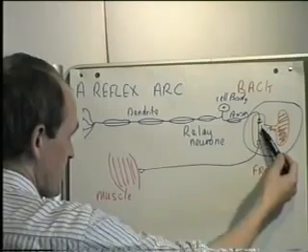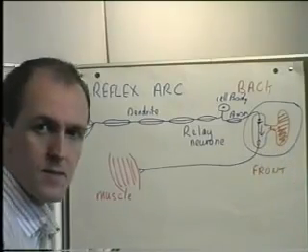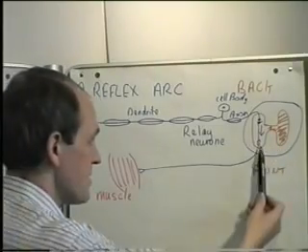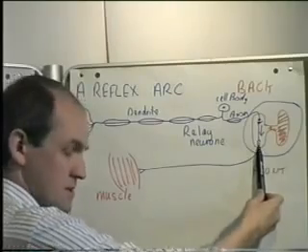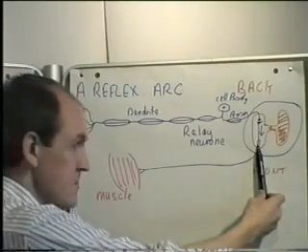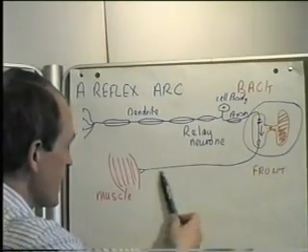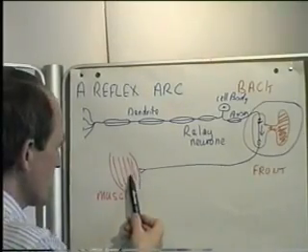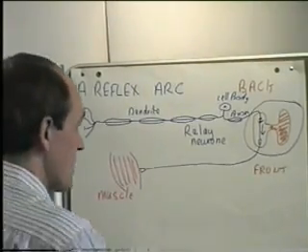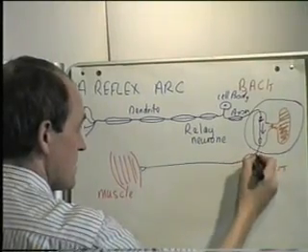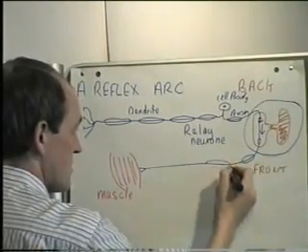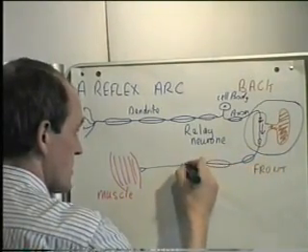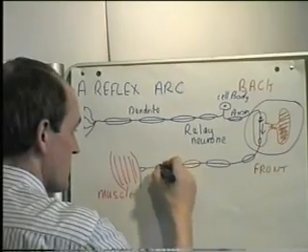The relay neuron carrying the information through the spinal cord. The relay neuron synapsing with the cell body of the motor neuron. The motor neuron carrying this out of the spinal cord to the motor end plate, where it synapses with the muscle, causing the muscle to contract. Again, this will have a myelin sheath made up of Schwann cells round about it.